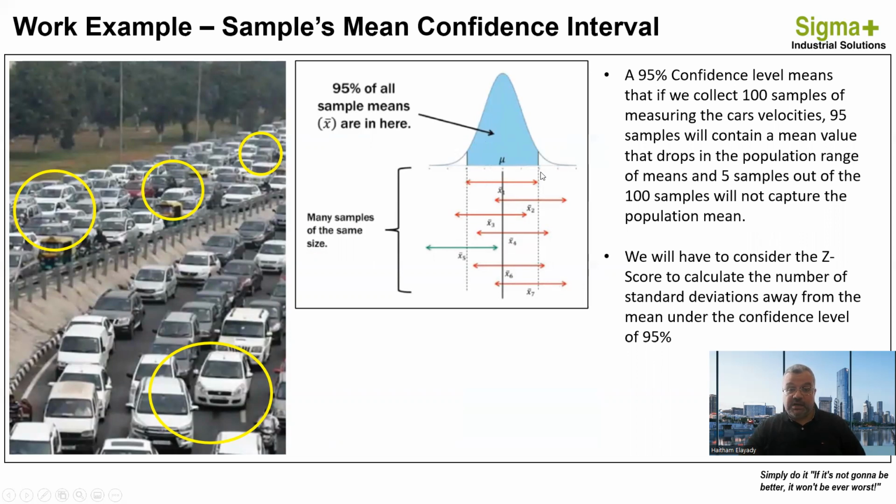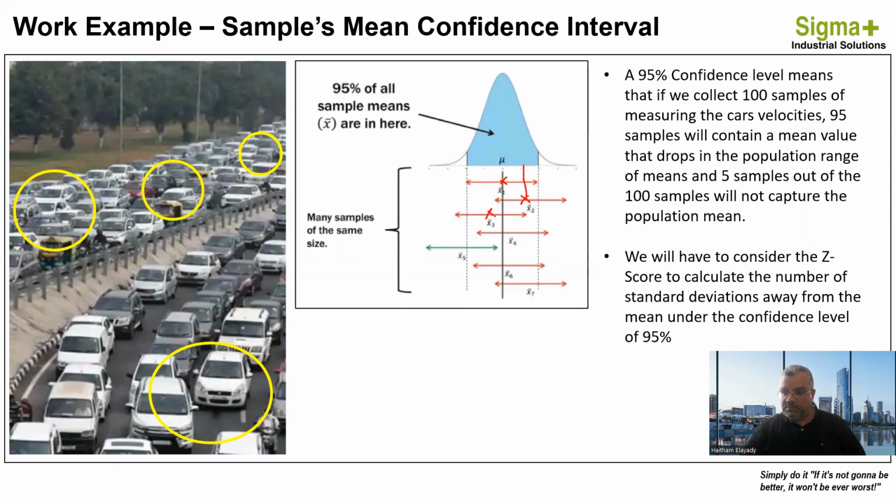If I take samples out of that population, we will see that for 95 samples, their average point will drop in the range of the population mean. Maybe this one drops exactly on the population mean. The mean of the second sample also drops somewhere inside the range.